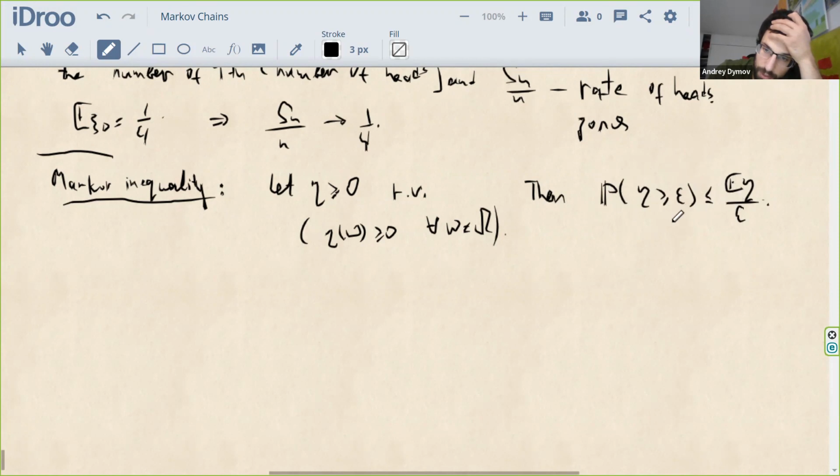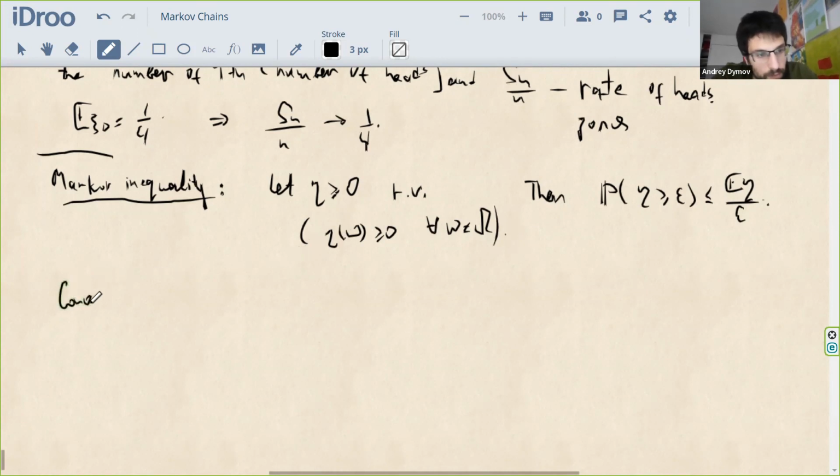So here you should think about epsilon as a large number, not a small number, which is unusual for the letter epsilon. I don't know why, but in the standard formulation, people write epsilon here. But I repeat again, you should think about epsilon as a large number.